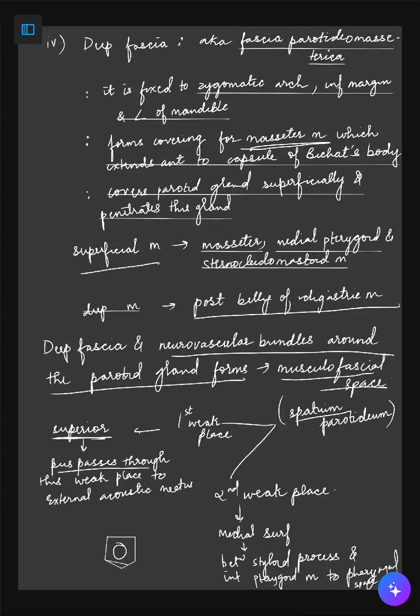Superiorly, pus passes through this weak place to the external acoustic meatus. And the second weak place is the medial surface, between the styloid process and the internal pterygoid muscle, leading to the pharyngeal space.